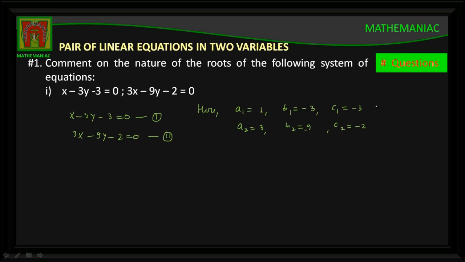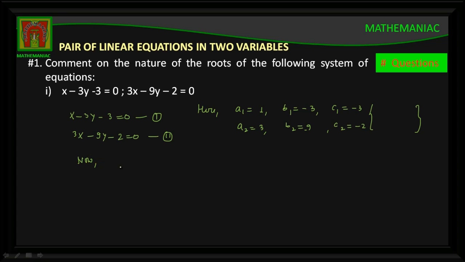Very fine. But do not forget to write how you got these values, because we do not have any a1, a2 present here. So you must write that you are comparing this whole thing with the standard form.